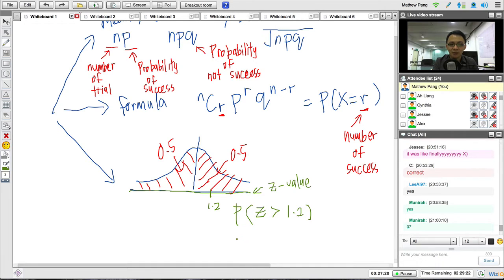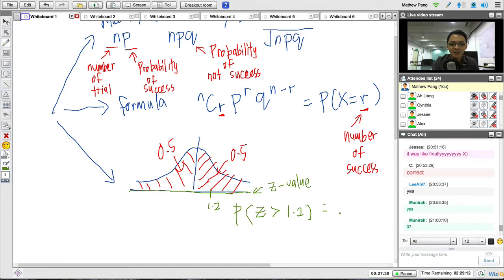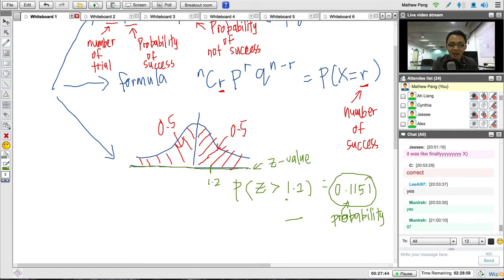If I say Z bigger than 1.2, what is the value? Let me look up 1.2. I got 0.1151. So this one, 0.1151, is probability.